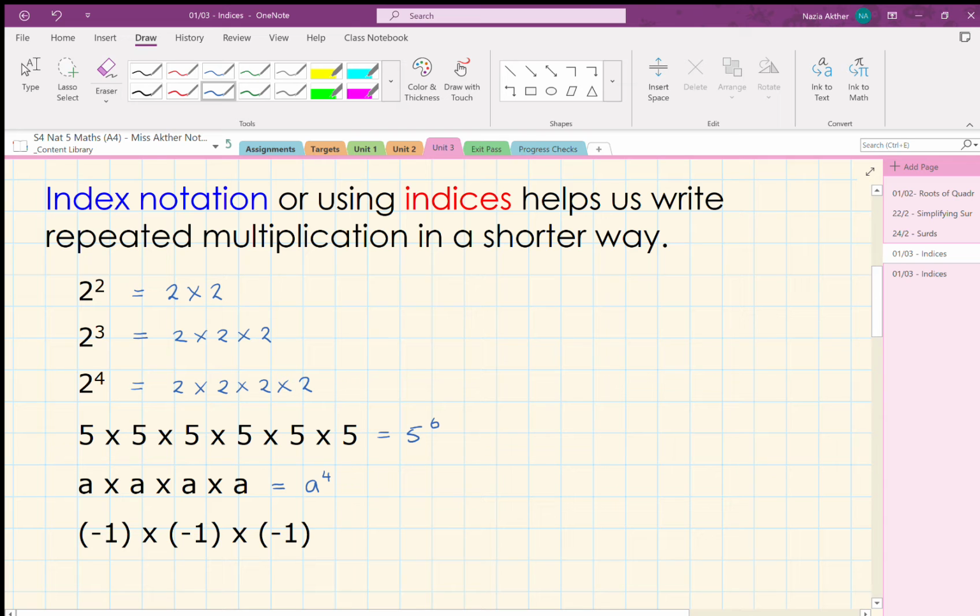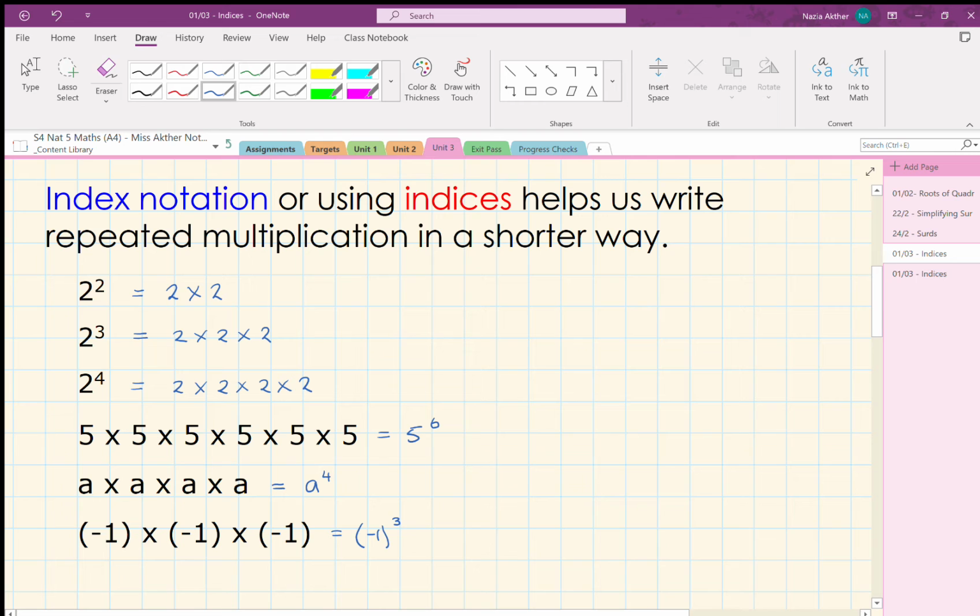And then finally we have -1 times -1 times -1. So we've got 3 negative 1s being multiplied together, and we write this as -1 to the power of 3. So those numbers, 2 squared, 2 cubed, 2 to the power of 4, 5 to the power of 6, a to the power of 4, and -1 cubed, the number that's being raised in the corner, we call these indices.